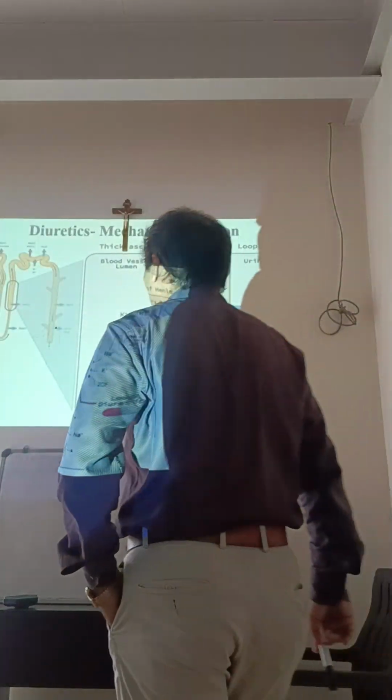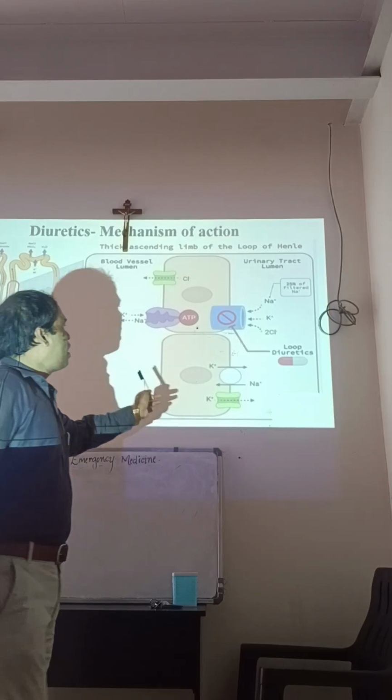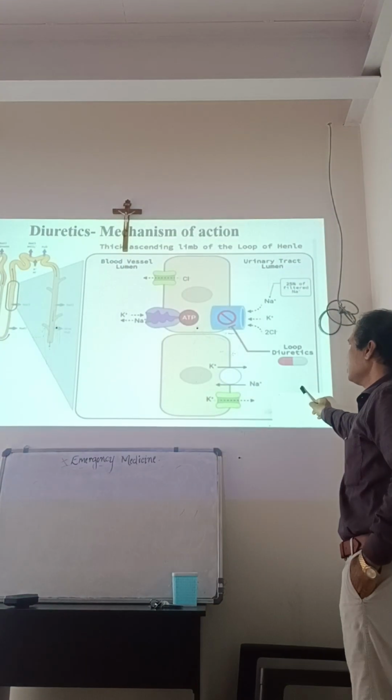Now I am going to talk about point number 3. Here is the drug action. When the sodium gets filtered and comes to this segment, we enlarge this segment and show it here. So this is the tube that contains urine.